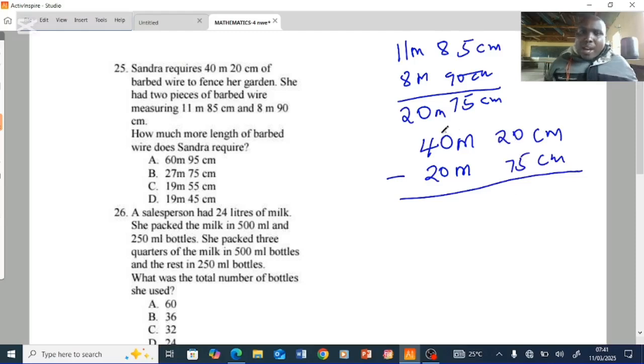We borrow 1 meter from 40 to make this 120 centimeters. Remember, 1 meter is equal to 100 centimeters. So 100 centimeters plus 20, 120. 120 minus 75, 45 centimeters. Here we borrowed 1 meter, so we have 39 meters. 39 meters minus 20 meters, 19 meters.